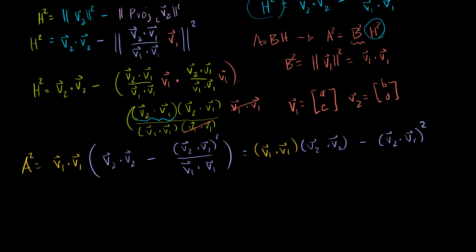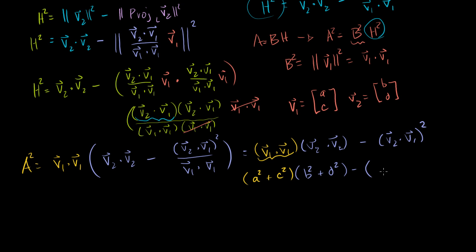That is equal to a dot a, which is a squared plus c squared. That's this right there. And that's what's v2 dot v2. So we're going to have that times v2 dot v2. v2 dot v2 is b squared plus d squared. And then we're going to have minus v2 dot v1 squared.